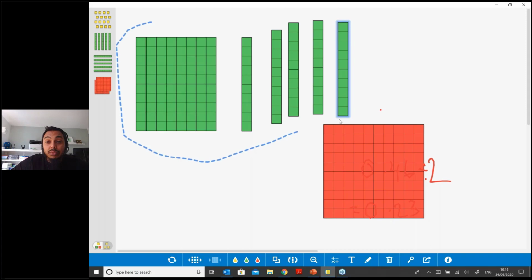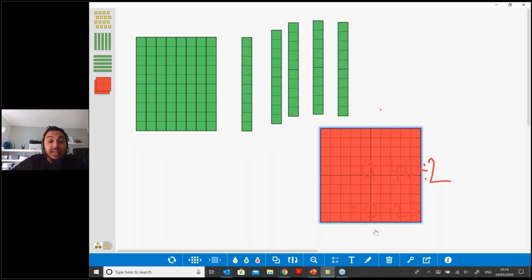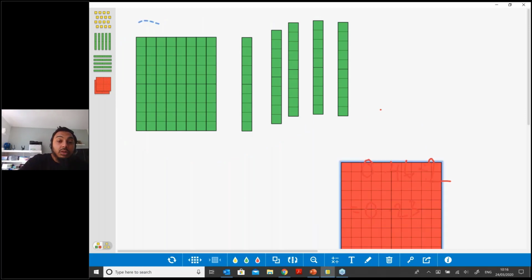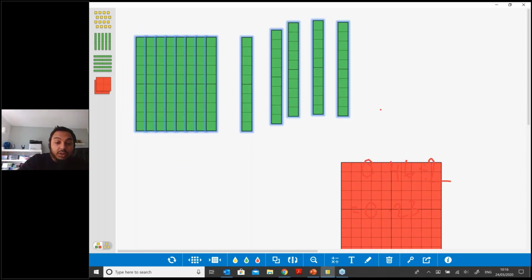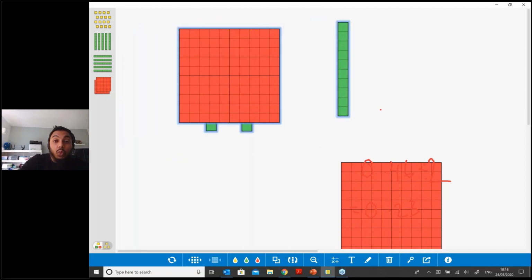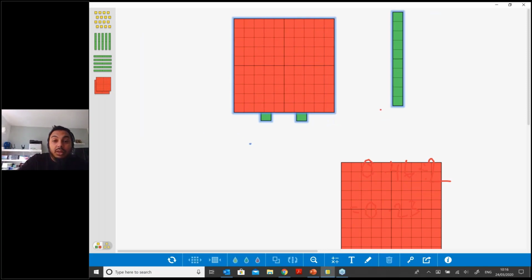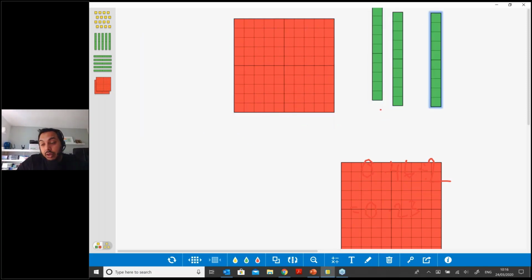When we put them together, we have more than 10 tenths. What did we say 10 tenths was, class? We said 10 tenths is a whole, right? So all of this together will be 1 whole and 3 tenths as an example. Similarly, we can do that with hundredths and thousandths and so forth.